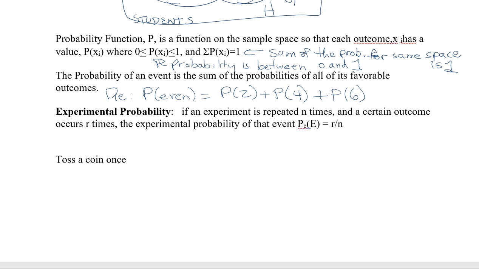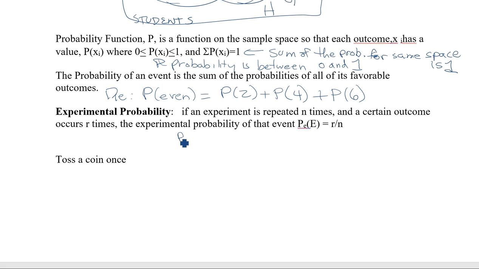Now, when we look at probability, there's a couple of different definitions of probability, and one is that of experimental probability. Experimental probability says that if an experiment is repeated n times and a certain outcome occurs r times, the experimental probability of that event is equal to r over n.